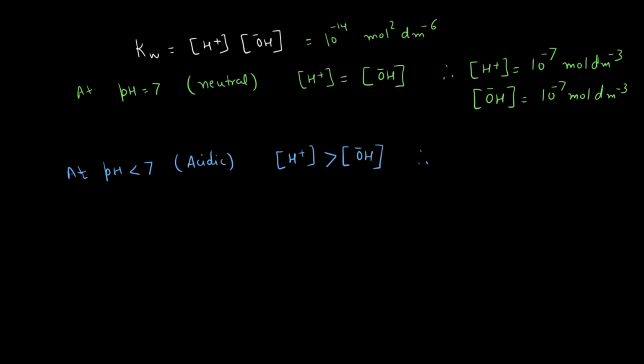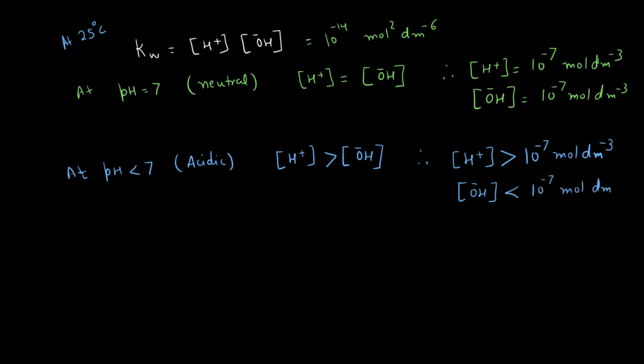Since Kw is constant at 25 degrees Celsius and the value is 10 to the power minus 14, when pH is less than 7, that is H+ ion concentration is greater than OH- ion concentration, we can say that H+ ion concentration will be more than 10 to the power minus 7 mol dm^-3, and OH- ion concentration will be less than 10 to the power minus 7 mol dm^-3, right?